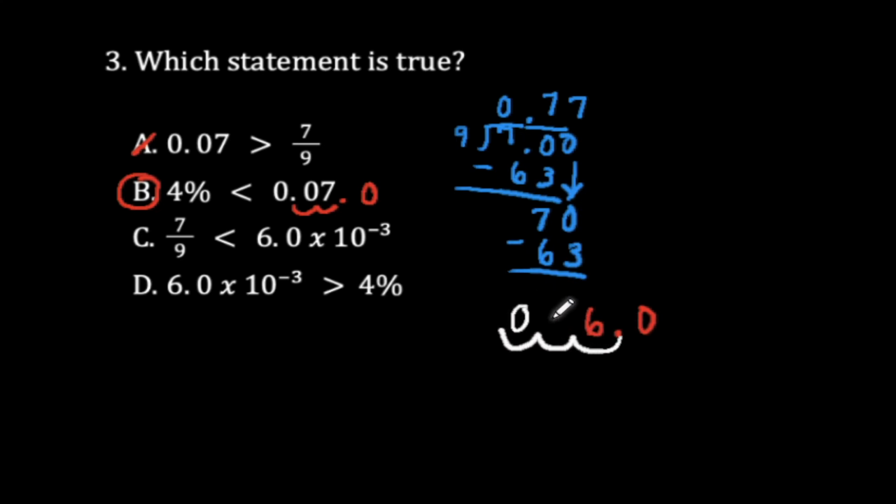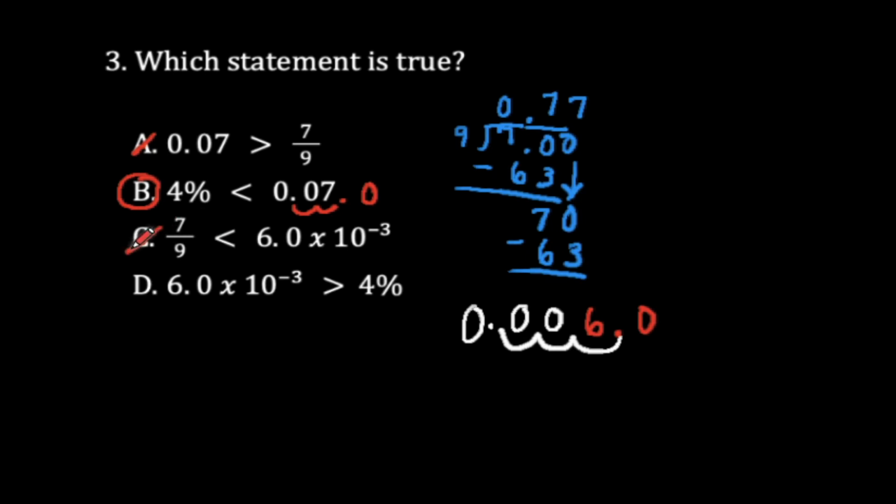Fill in with zeros here, and we have 0.0060. There's no way this is a true statement, because 0.77 or 7/9 is larger than 0.0060. So this is out of the question.